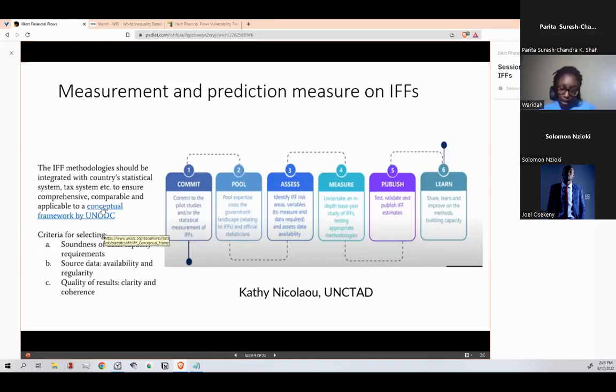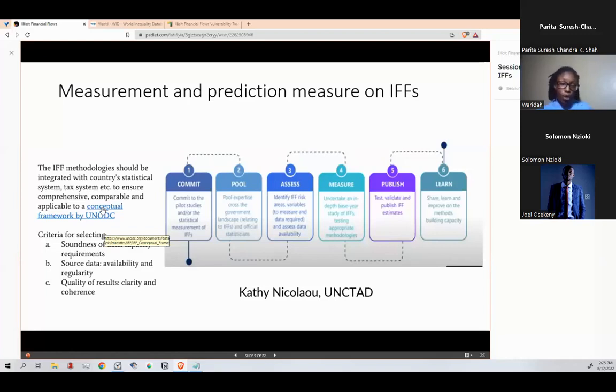And with that in mind, their process is in 6 steps, and the criteria for selecting the process you use is looking at the soundness of data. So at the end of the process, is there capacity in that country to go with either the econometrical, statistical methodology or any other methodology that works for you?